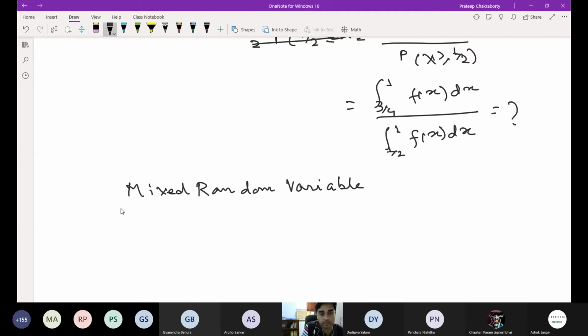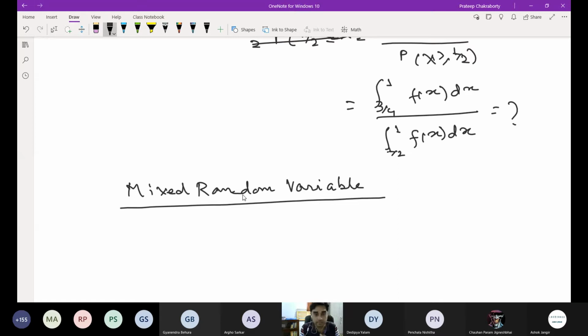I hope you can understand what it means. This is neither discrete nor continuous. These are the two main random variables which we study, discrete and continuous. A mixed random variable is neither discrete nor continuous, but a mixture of these two things. Let's see in which cases this type of example may occur.